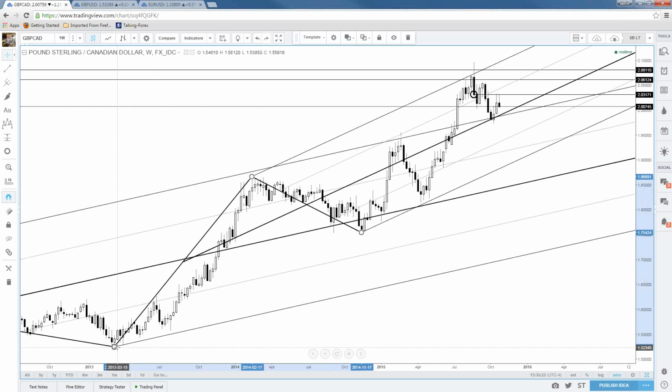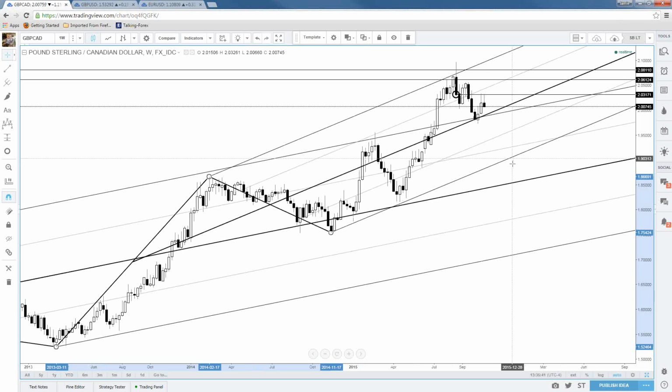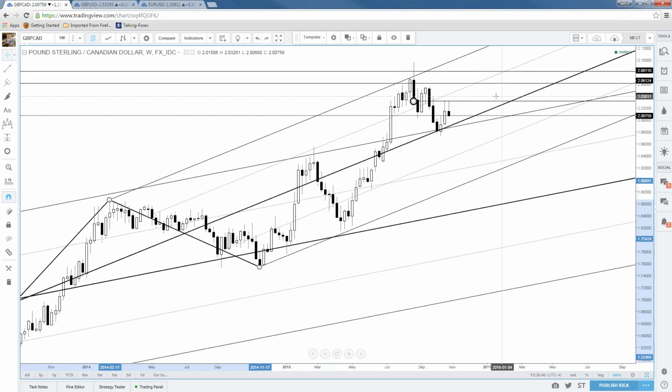This is your Schiff fork. In other words, it is a trend line drawn off the low here and the low in 2014 in November. Ultimately, that would be the support you're looking for all the way down there, and that could be 1,000+ pips lower in pound CAD.